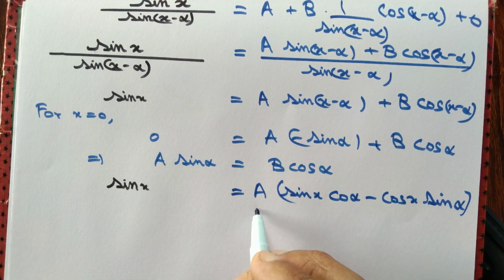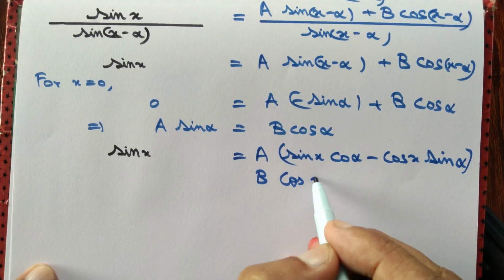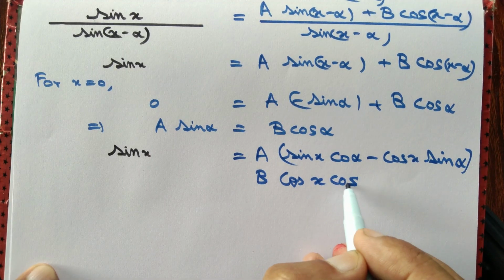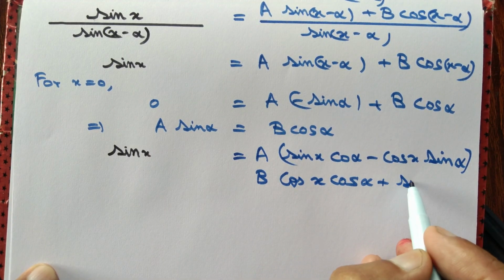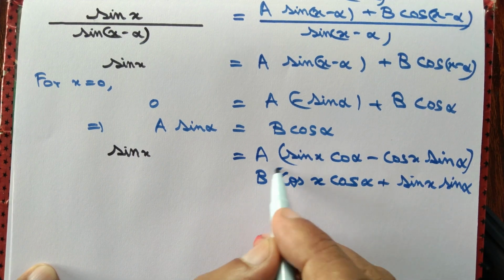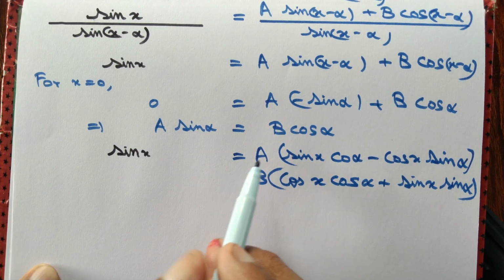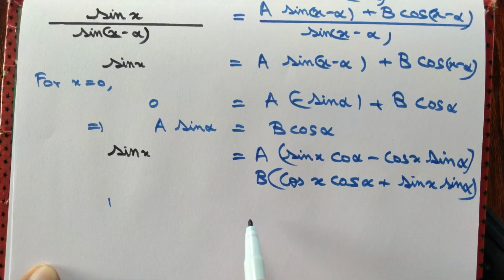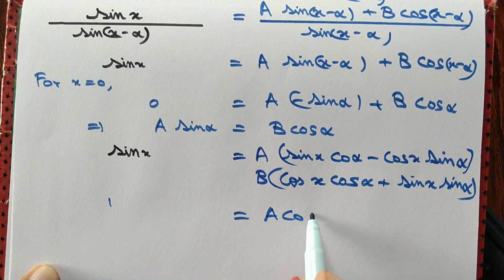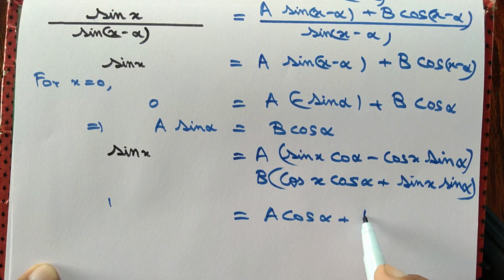The same goes for cos of a minus b, that's equal to cos a cos b plus sine a sine b. Now we compare the coefficient of sine x to say that 1 equals a cos alpha plus b sine alpha.